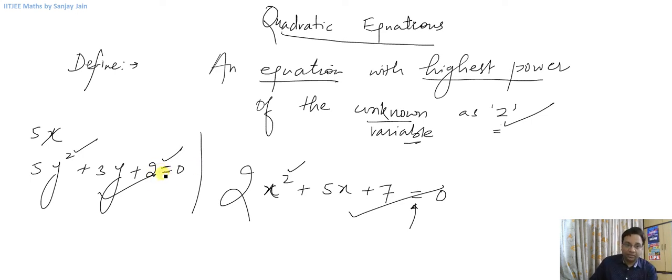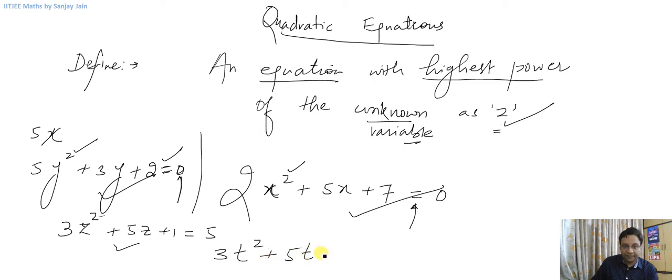Okay. Now, on the right hand side of equality, you can have other things also. You may not have 0. You may have, let us say, 3z square plus 5z plus 1 equals 5. This is also a quadratic equation, right? Let me write something else. 3t square plus 5t plus 3 equals 5t plus 3.